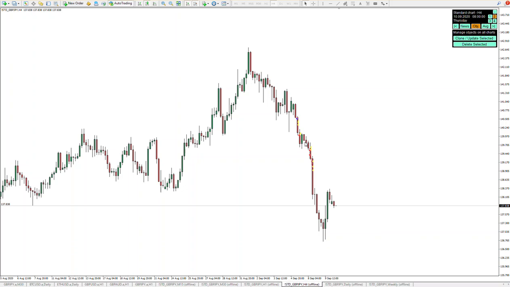Where did this leg come from? It came from like here. So as long as we stay below this wick, we are bearish. Even though we moved up here, the structure is bearish, but there's a lot of room to test the structure high or the 50% golden zone whatsoever.